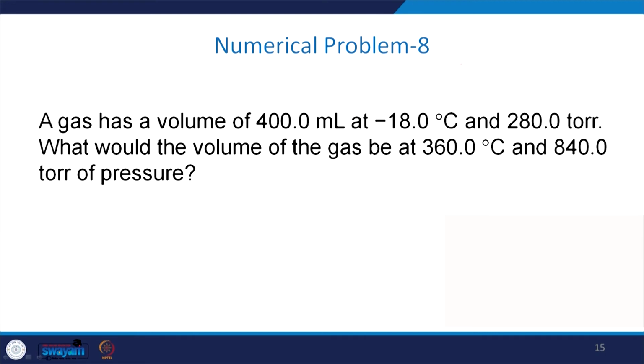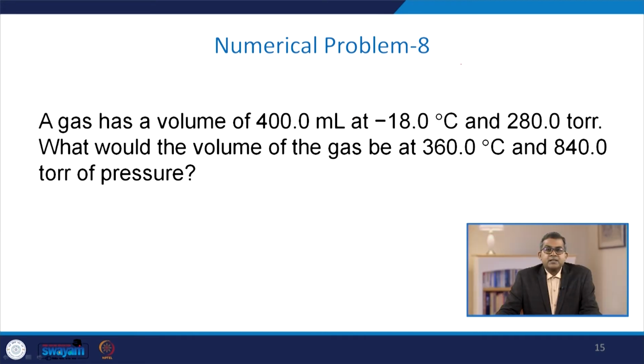Now, in another problem, a gas has a volume of 400 milliliter at minus 18 degrees Celsius and 280 torr. Then what would be the volume of the gas at 360 degrees Celsius and 840 torr of pressure?